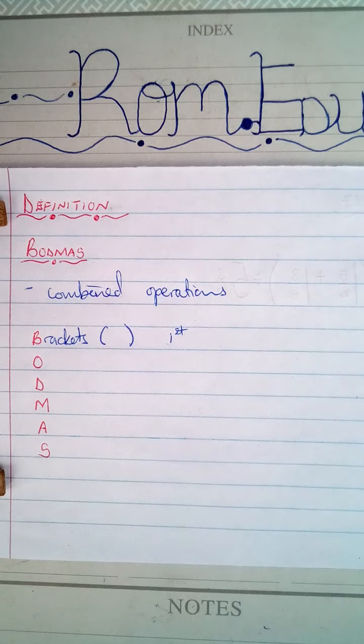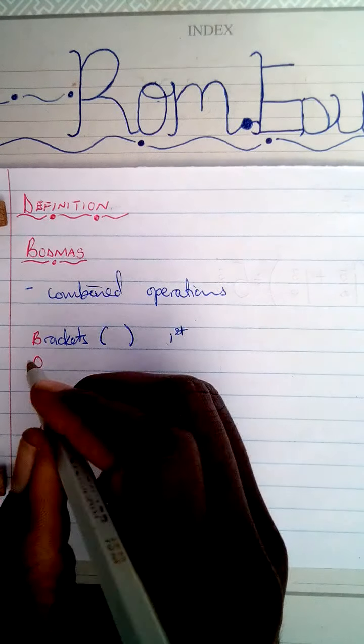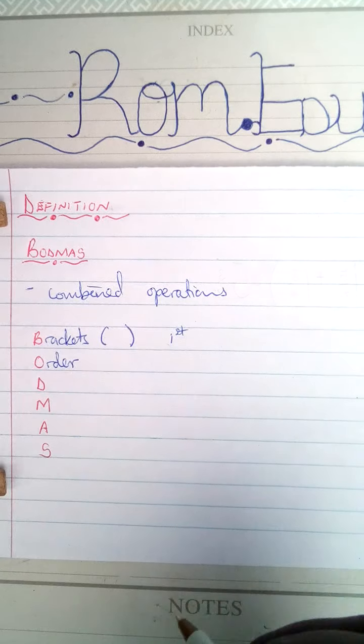So when you're given any problem with more than two operations, the first thing that you have to look at is, are you given that problem in terms of brackets? So the first thing that you do is simplify whatever is inside the brackets regardless of the sign, right? Then the second thing that we have is order, right?